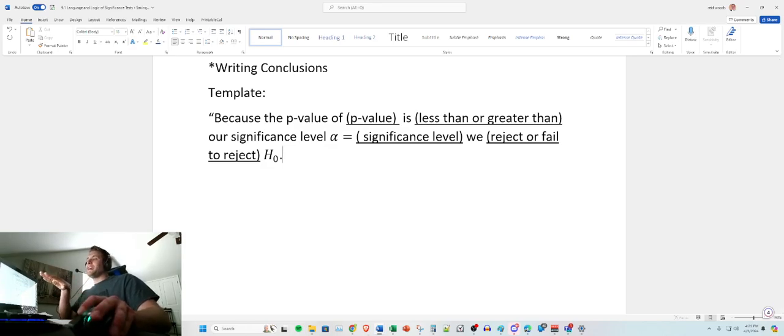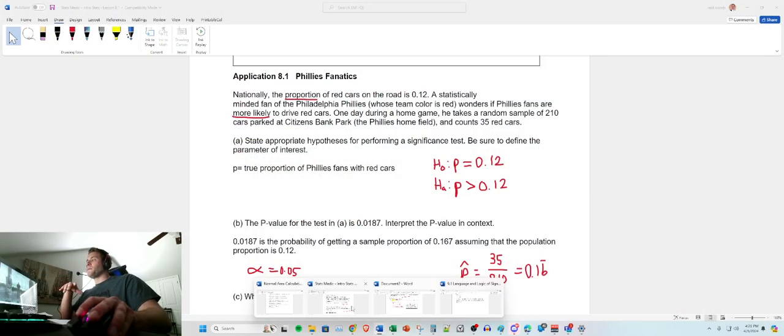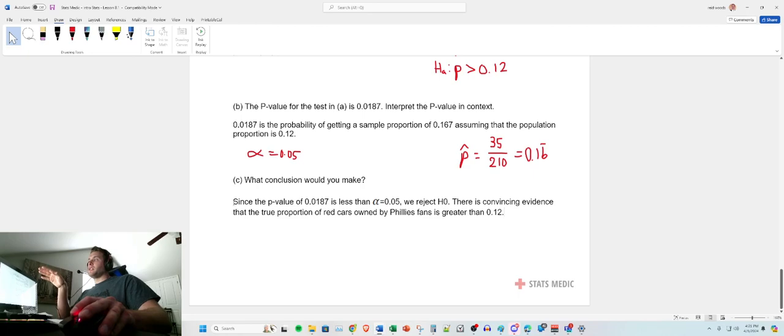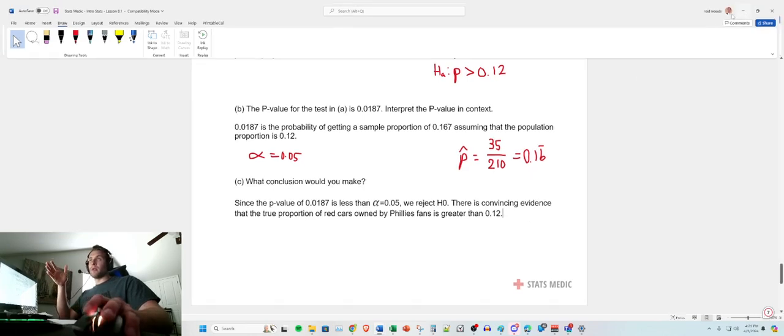So that's the first part, and that looks a lot like what we wrote here. Since the p-value is less than alpha 0.05, we reject H0. That's what we came to the conclusion of on our worksheet.